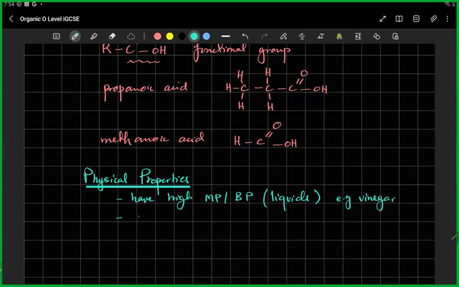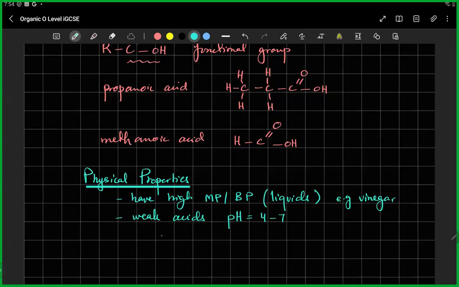Second property, and that is कि they don't conduct electricity. नहीं, they do actually conduct electricity, उसको छोड़ दो. I mean, they're weak acids, that's another property. pH जो होगा, that's going to be somewhere between 4 to 7.